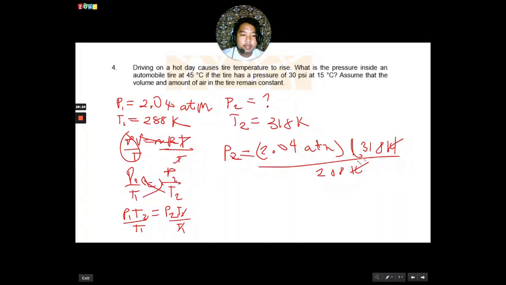Significant figures: 1, 2, 3. That is 3.19 atm. Alright, let's check the pressure. The temperature increased, so the pressure increases, Gay-Lussac's law. So that is 3.19 atm.